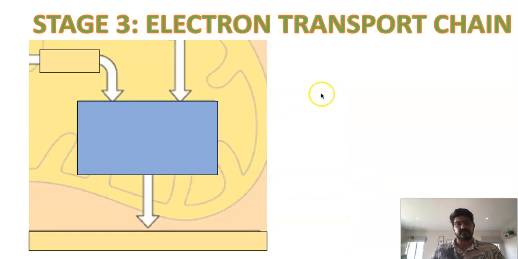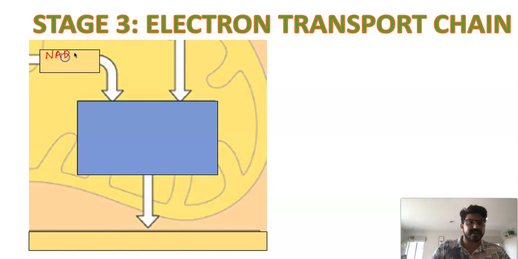Because we're now up to the electron transport chain. Oh my lord! The electron transport chain, gave so much information when we were coming into it. This is where all those NADHs and FADH2s are now going to be used. So all of the NADHs come into this cycle, and all of the FADHs come into it as well.